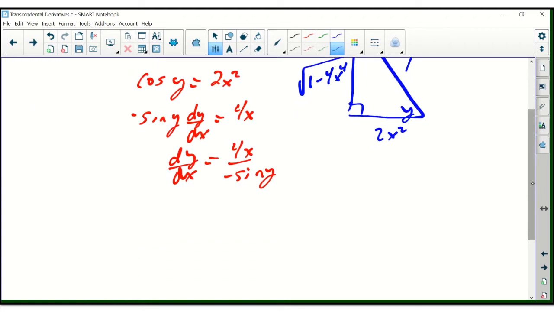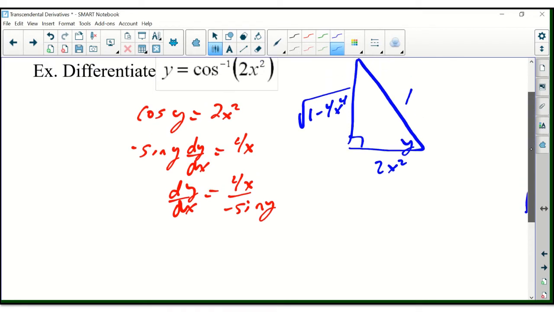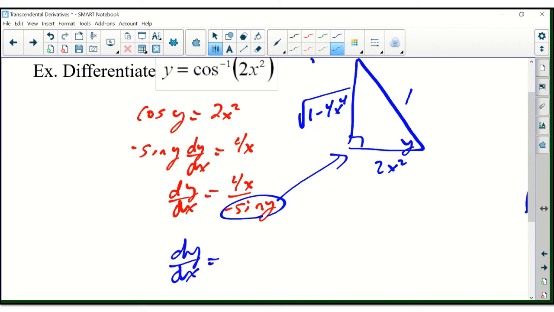So dy dx, which is what I'm looking for, is 4x over negative. The sine of y is opposite over hypotenuse, so it is the square root of 1 minus 4x to the 4th.